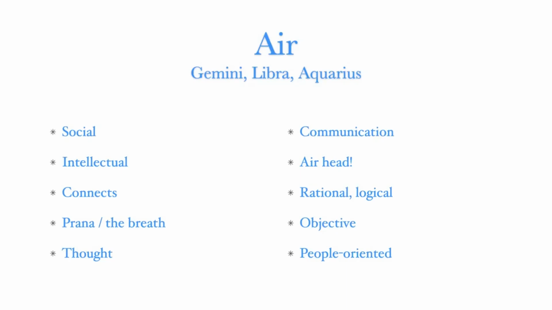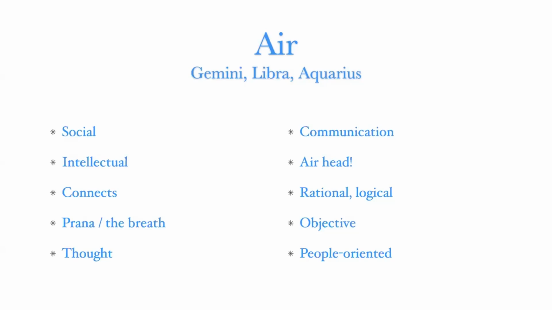Air is about connection and interchange. It's about relating. And so the nature of the element of air is about having distance between things, so there can be a relationship between 2 people or 2 things.